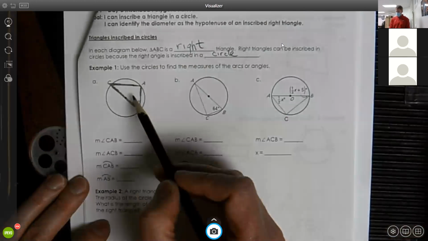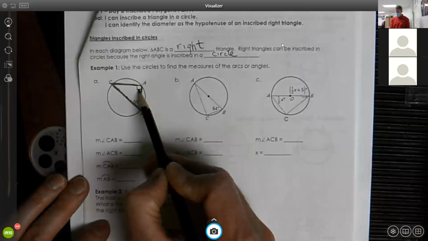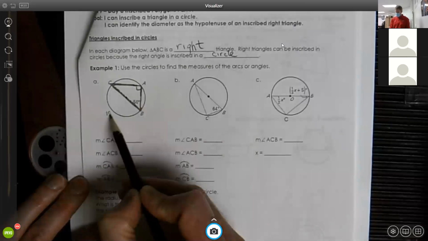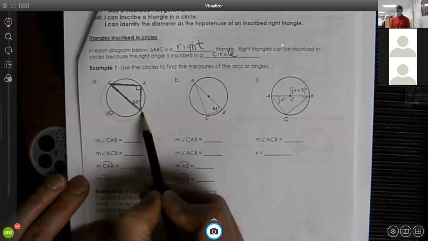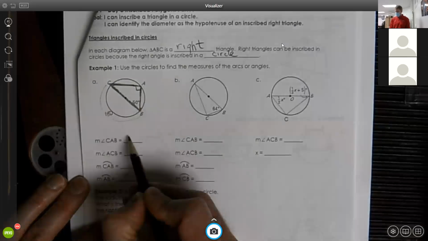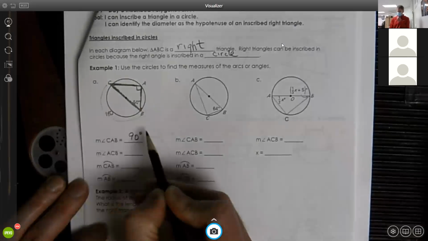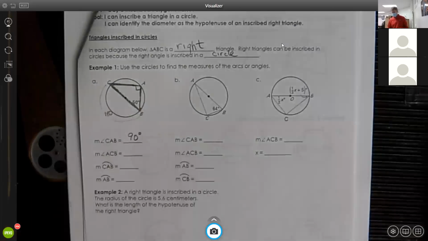Therefore, angle CAB is going to be half of the 180. This is half a circle. It's the other half compared to the diameter. So the inscribed angle equals half of the intercepted arc.